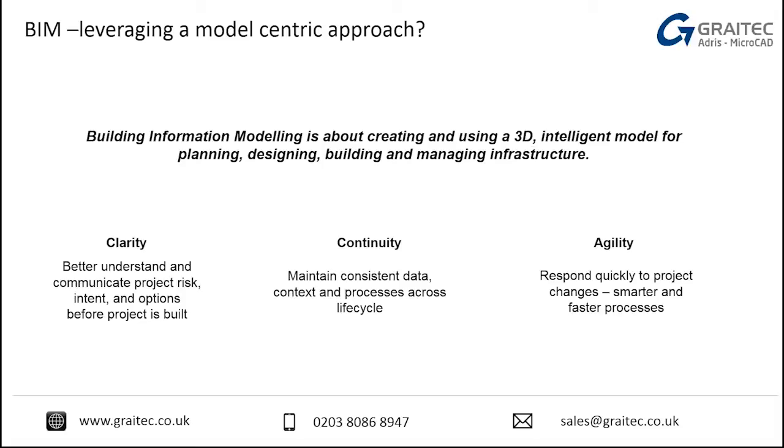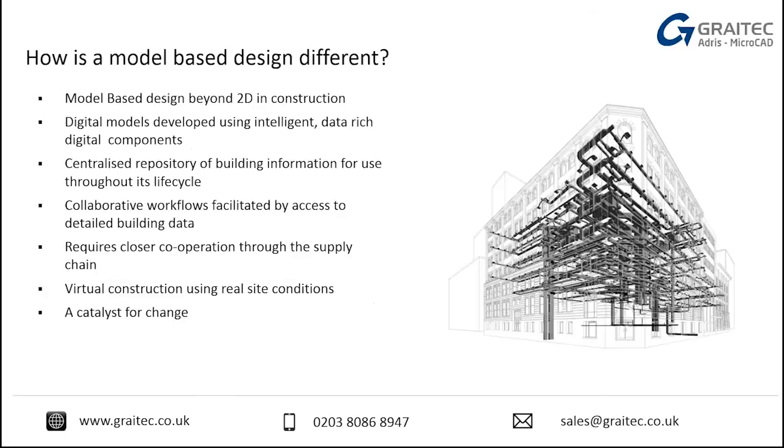So it keeps everything consistent. And because it's so quick, we can respond very quickly to project changes, and we can start to be smarter about the way in which we make changes. In fact, Revit actually stands for Revise Instantly. It's where it gets its name from.